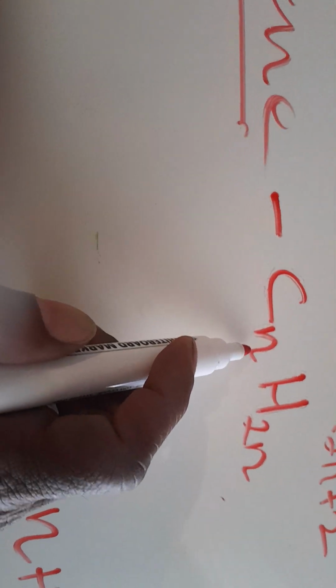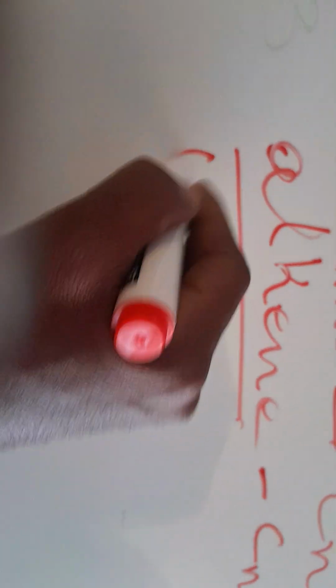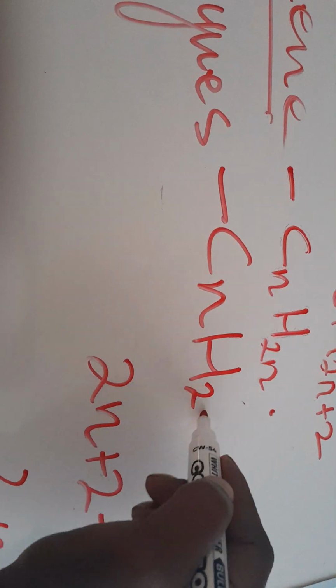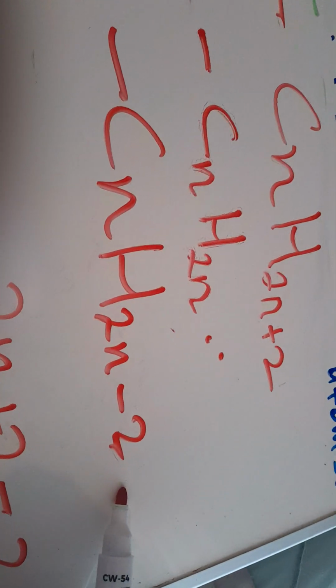Can you see that? So this one here has 2 less hydrogens. Then for alkynes, the general formula is going to be Cn, then 2 less. So if I am at 2n and I subtract 2, then I am going to be having what? H2n-2. Alkanes, alkenes, and alkynes. Yes. Okay.